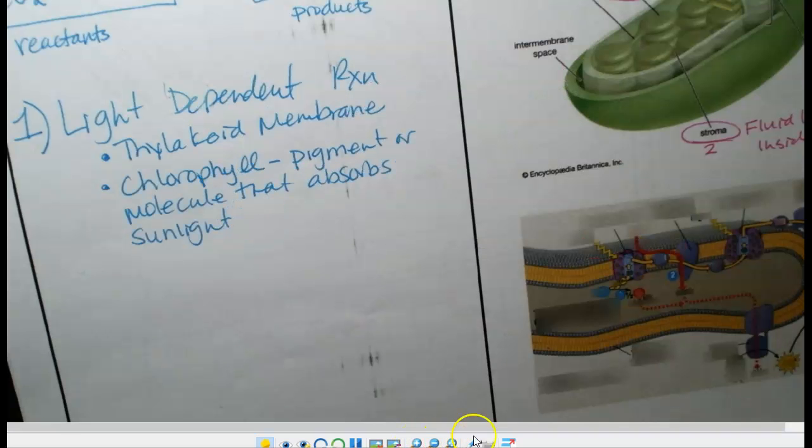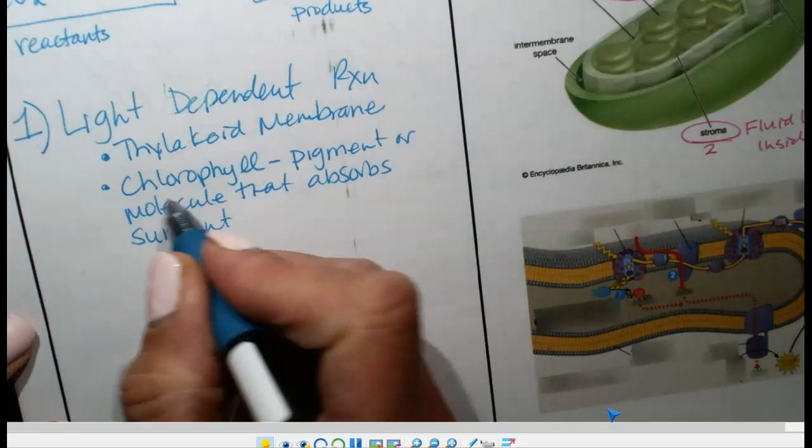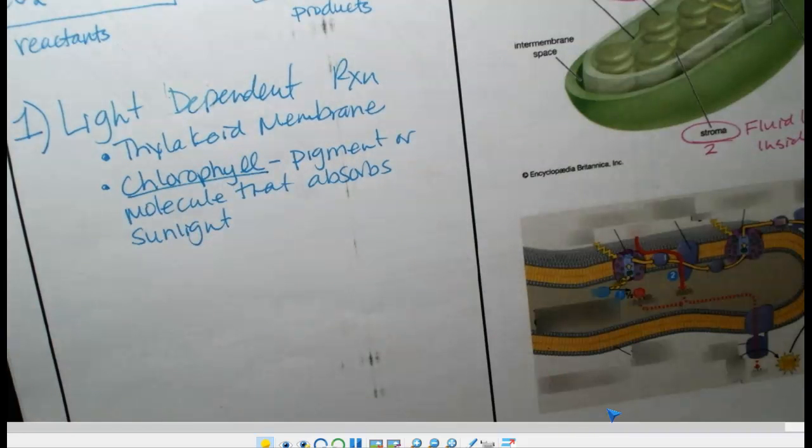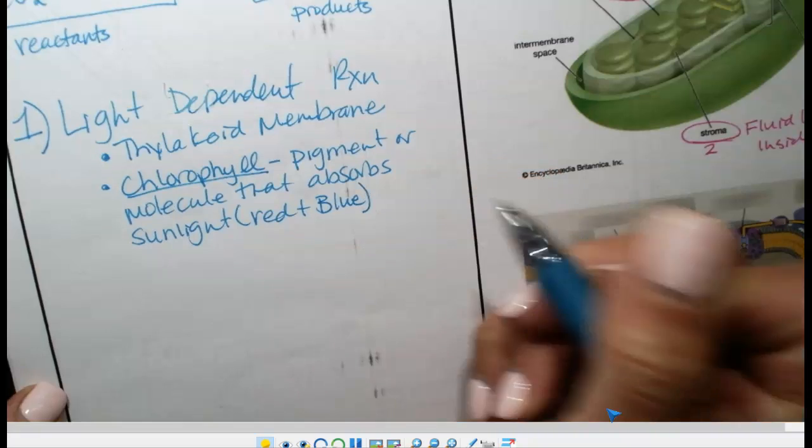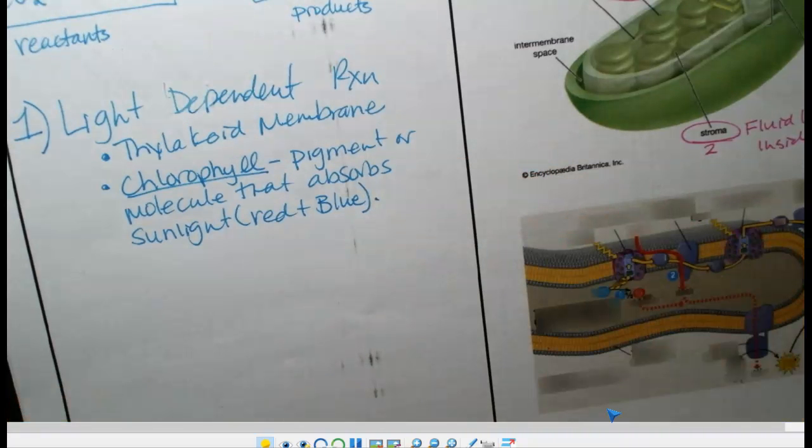Is that a little bit better? Okay. And you're more than welcome to come sit next to Aaron if you need. So, chlorophyll is the pigment or molecule that absorbs sunlight. Do you guys remember from yesterday's assignment what color of light chlorophyll absorbs? Red and blue. Very good. Sunlight: I'm going to put red and blue. The reason why plants are green is because green is the color of light that is reflected and not absorbed.